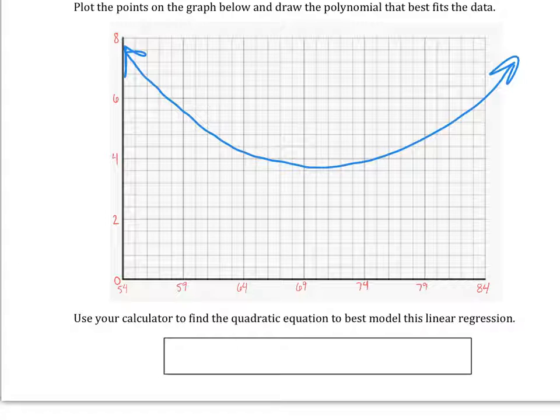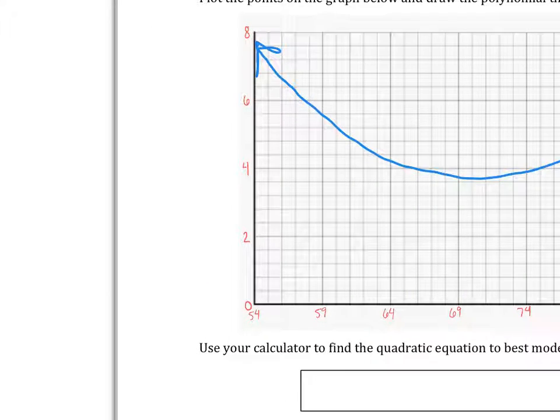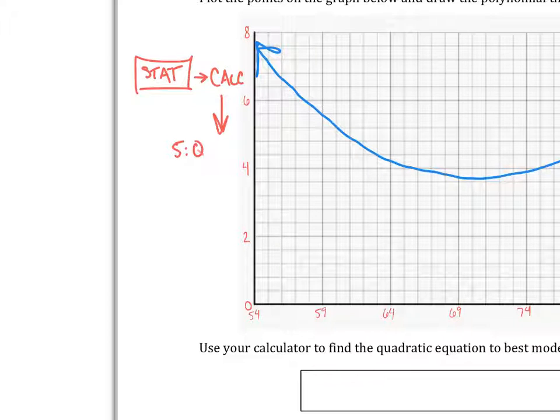had a calculator, what you would be doing is you would go to Stat, just like we did in class. You would go over to Calculate, and then you would scroll down, and instead of going to cubic regression, you'd go to number 5, which is a quadratic regression, because in this case you're dealing with a quadratic model, not a cubic model.